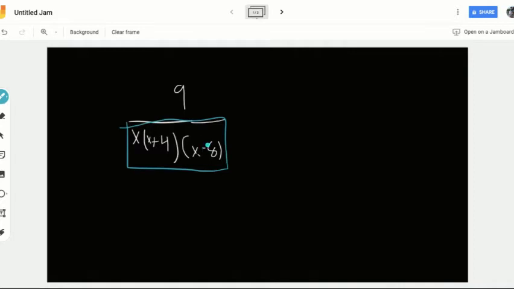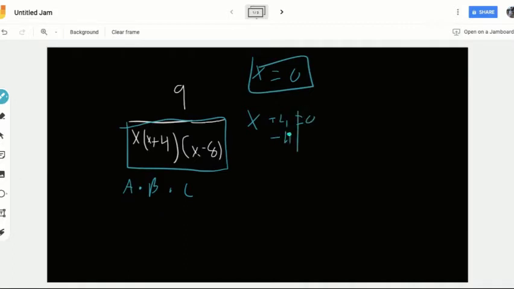So I have this entire thing equals 0, and what this actually is three parts. You have A times B times C. There's three different expressions with a variable x, and they're all multiplying. So I'm going to have x equals 0, x plus 4 equals 0, subtract 4, you have x equals -4.